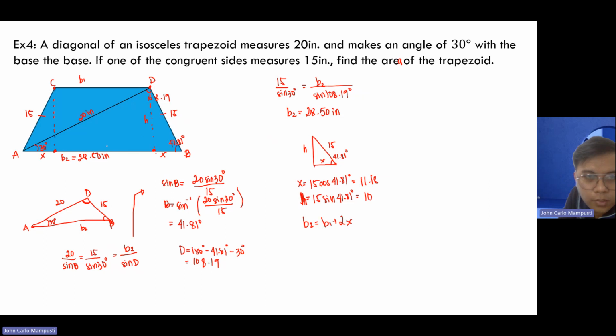Itong point na to, this is B1. This is x and this is x. So ano ba yung kabuuan nito from A to B? This is 28.5. So 28.5 equal to B1 plus dalawang x. So this is 11.80. Therefore, B1 natin is equal to 6.14.